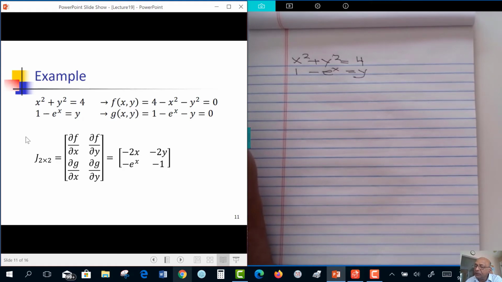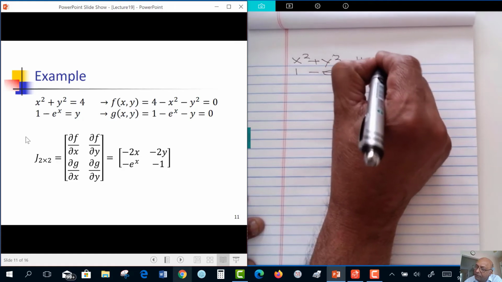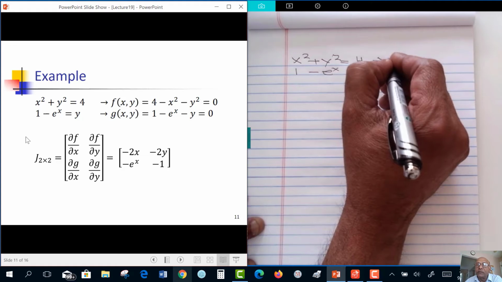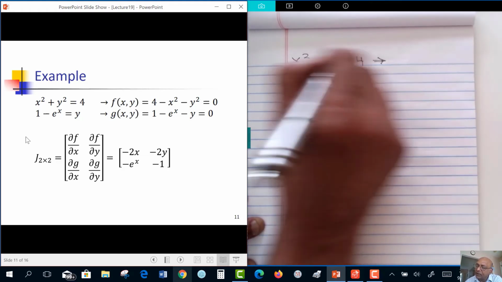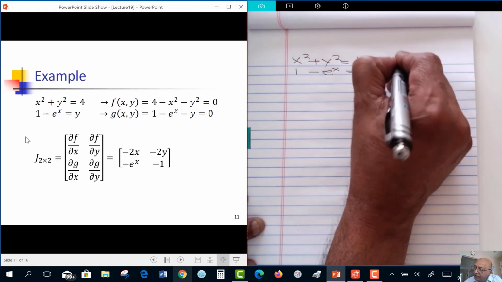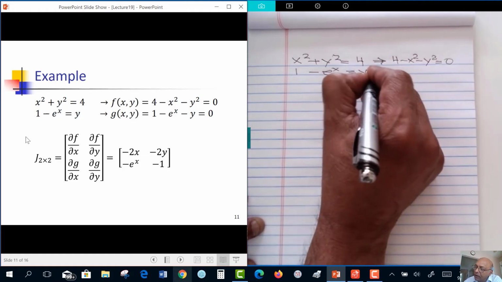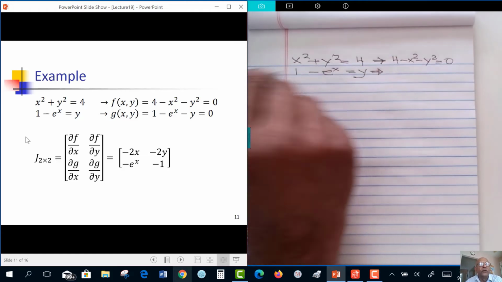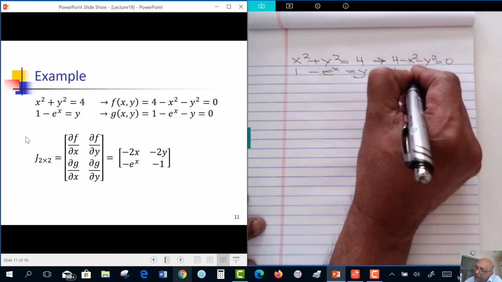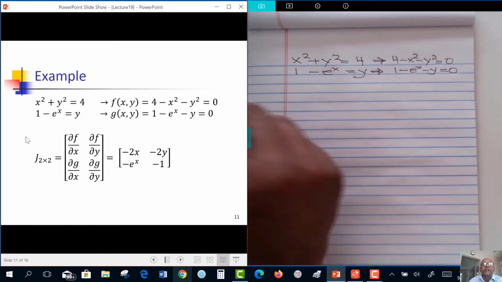Now we want to write them in the form something is equal to 0, because all our functions f1 equal to 0, f2 equal to 0. So I am going to subtract left hand side from right hand side, just arbitrarily. For the second one, I'm going to do the other way around. I'm going to subtract the right hand side from left hand side, just to show you there are many ways of getting this f equal to 0.